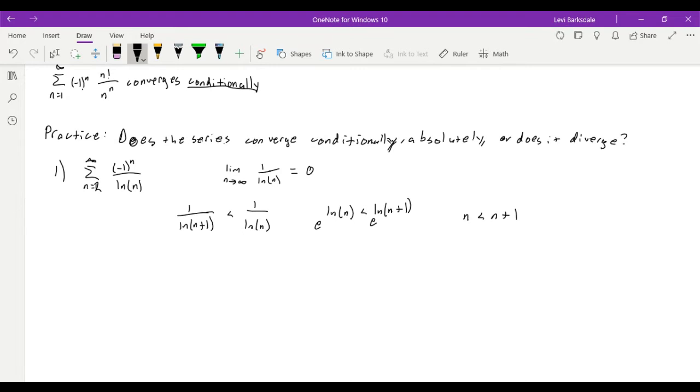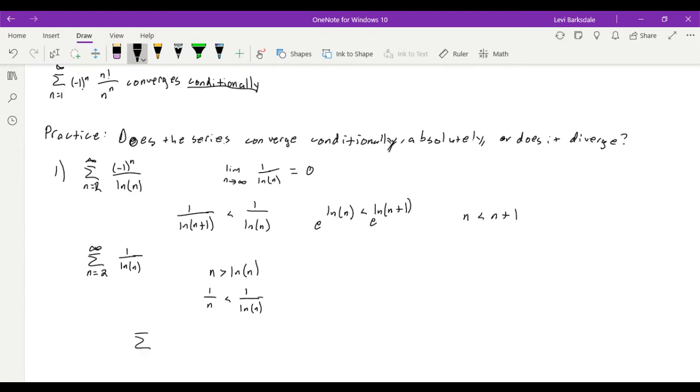So it passes the alternating series test, so we know that it converges. Now we just need to see whether it converges conditionally or absolutely. And to do that, we would need to look at it when it was not alternating. So the series 1 over the natural log of n, simply by itself. In this case, I'm going to use a direct comparison test. I know that n is larger than the natural log of n, so then 1 over n should be smaller than 1 over the natural log of n.